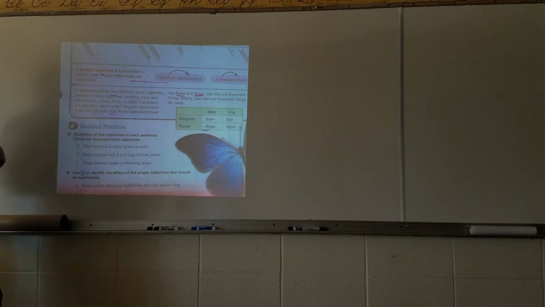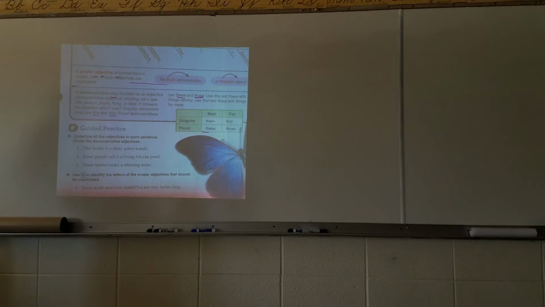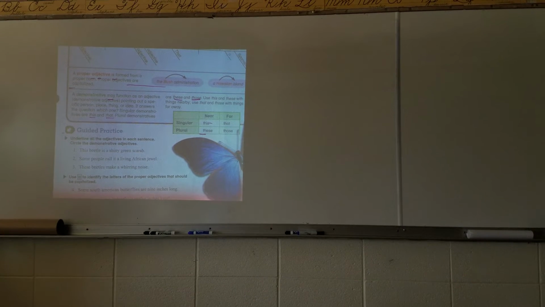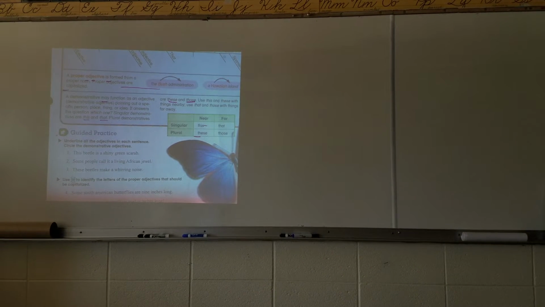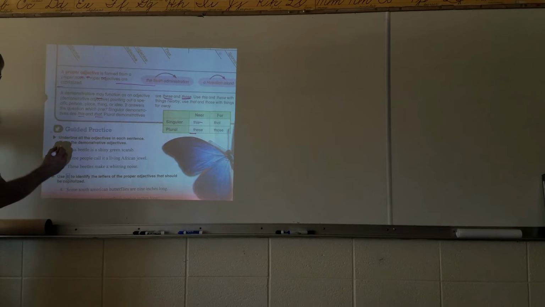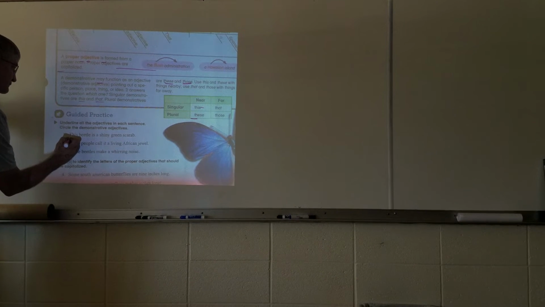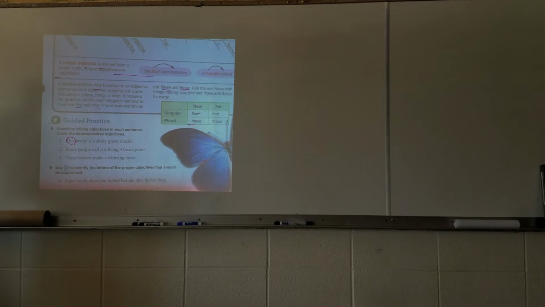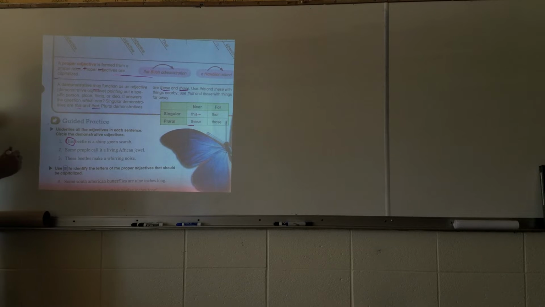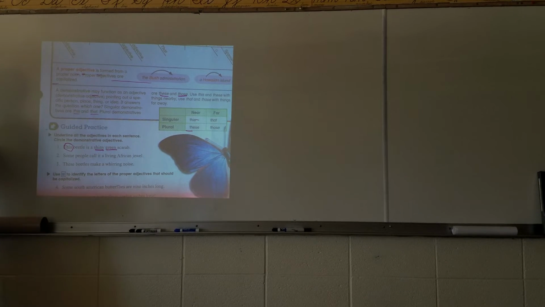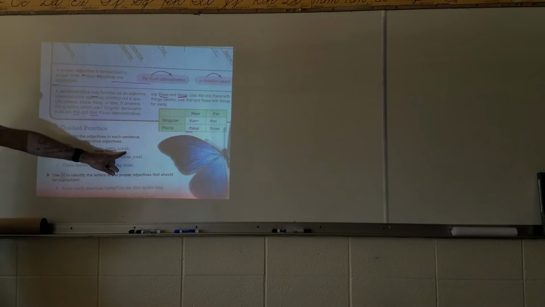So we look at the first one: this beetle is a shiny green scarab. We have this beetle, so we're going to underline and circle it because it's a demonstrative. Then underline all adjectives in each sentence, so we have shiny and green, which are describing scarab.